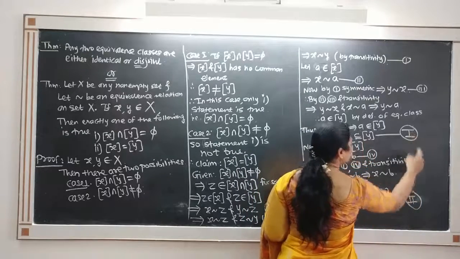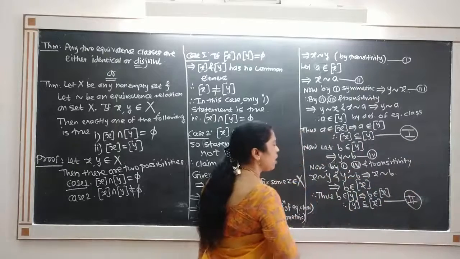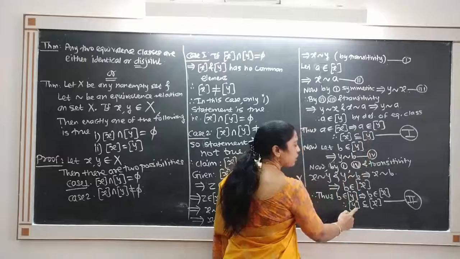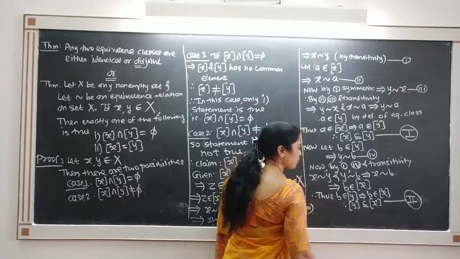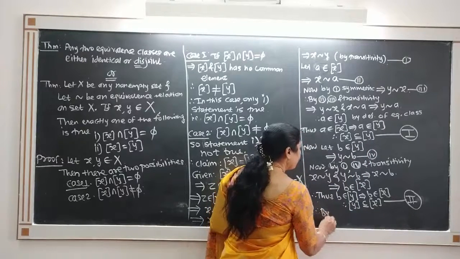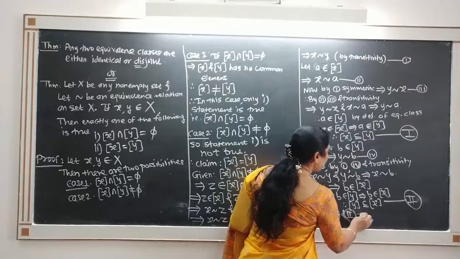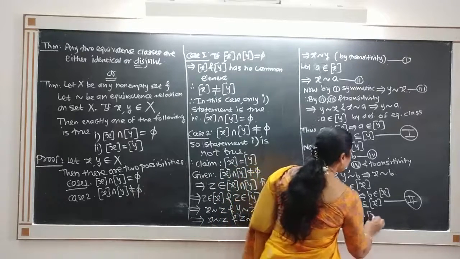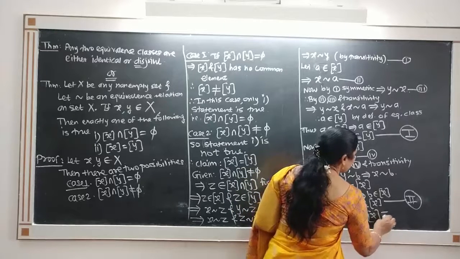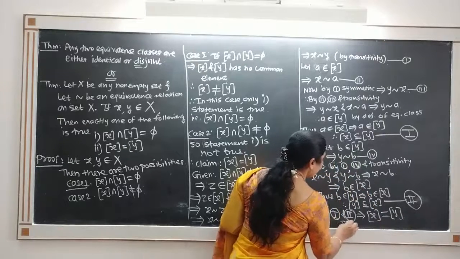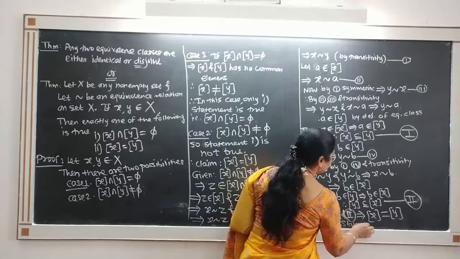And now use the first and second together. The equivalence class of X is a subset of the equivalence class of Y, and the equivalence class of Y is a subset of the equivalence class of X. So by 1 and 2 together, the equivalence class of X is equal to the equivalence class of Y. So in this case, the second statement is true.